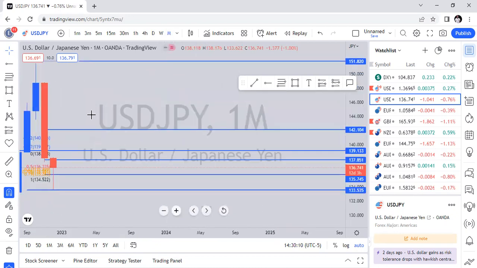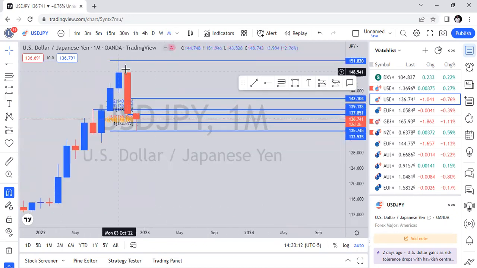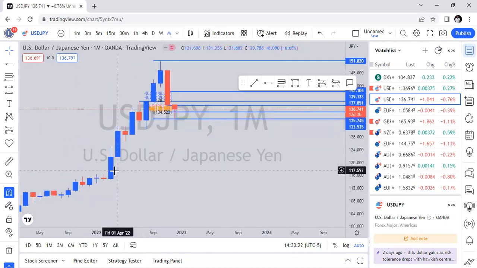Throughout last month, the market dropped. But for a very long time, throughout the year, the market has been flying up, up, up, up.